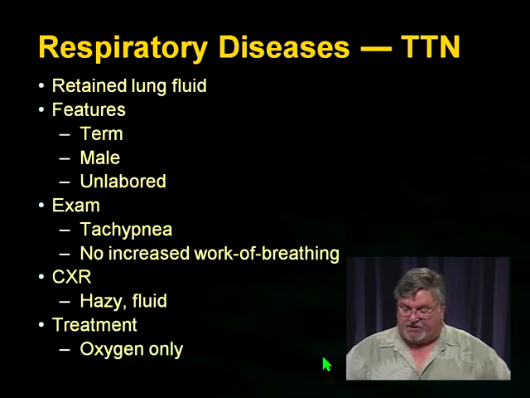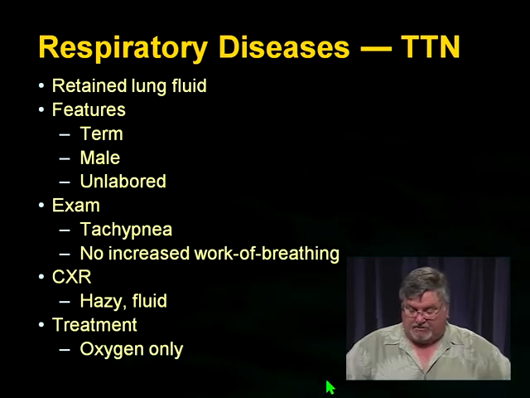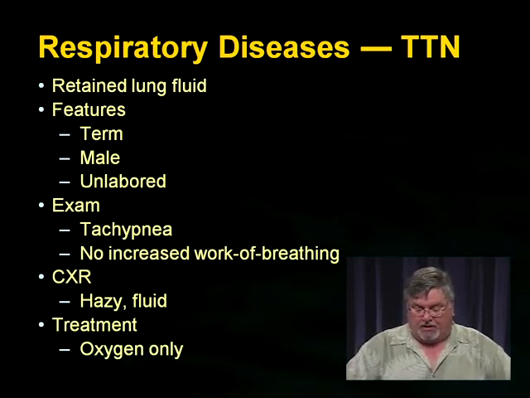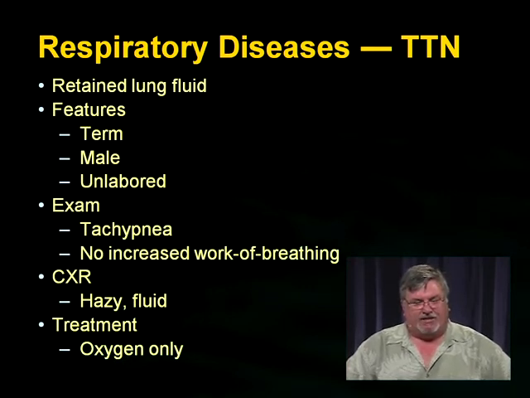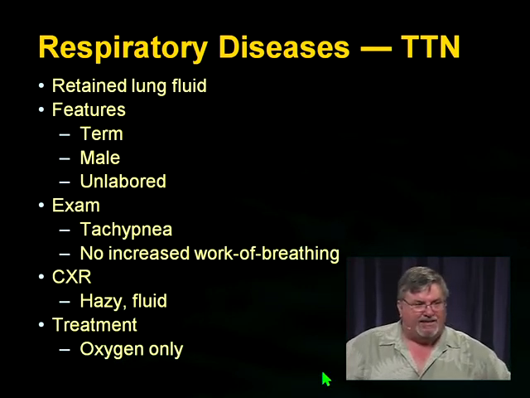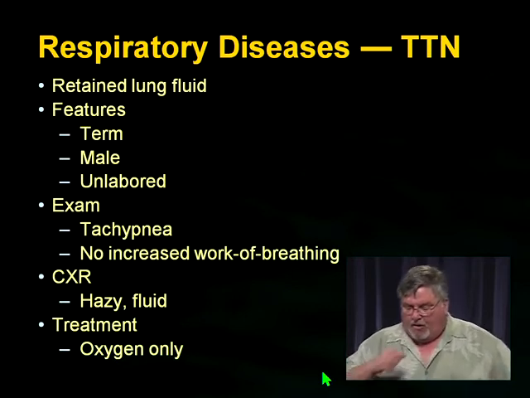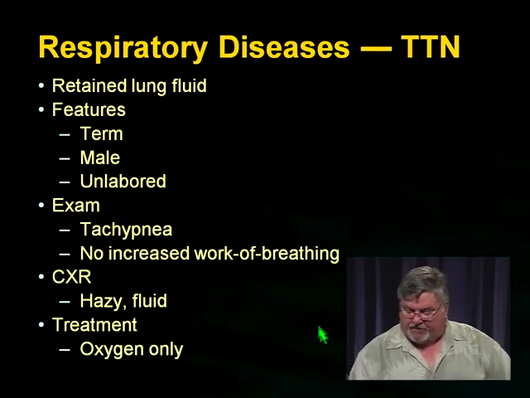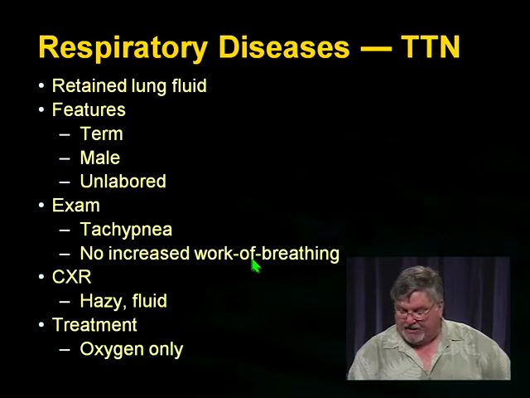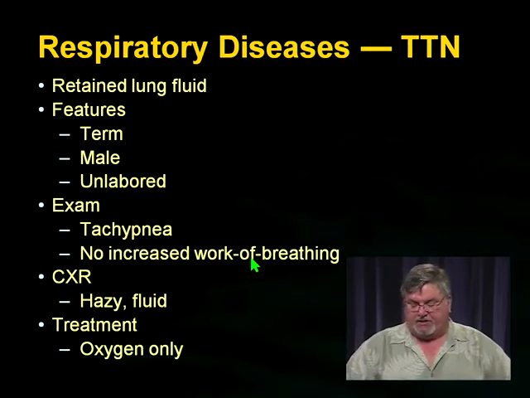So these are the features of transient tachypnea of the newborn. More common in term infants, more common in males, particularly those who have unlabored delivery. So the classic kid who has transient tachypnea of the newborn is a boy born by elective cesarean delivery. The critical component of their clinical exam is that they don't have very much increased work of breathing.